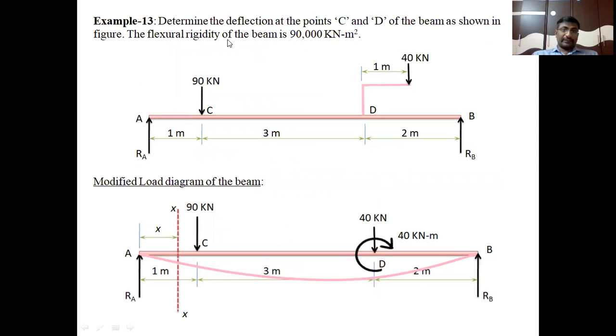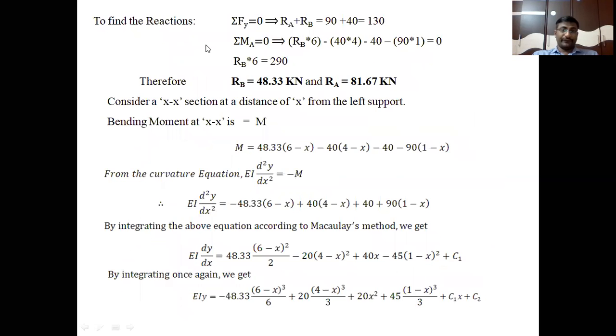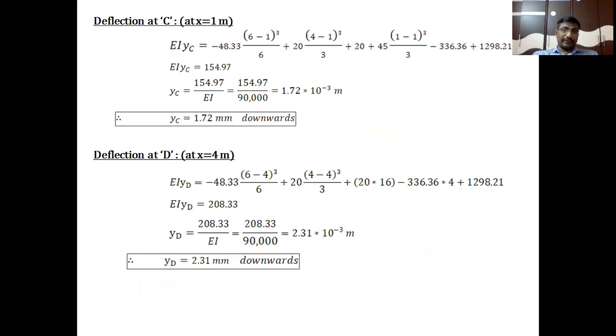The flexural rigidity of the beam is 90,000 kilonewton meter square, given in the problem. So after substitution of the EI value 90,000 in this equation, we will get 1.72 into 10 to the power minus 3 meters. The deflection comes in meters.